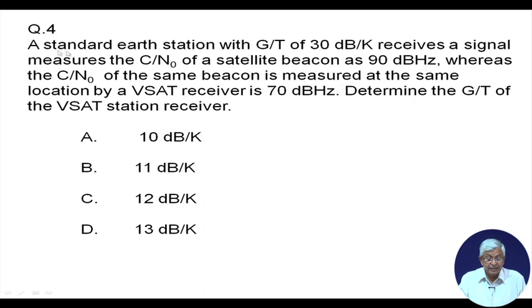It is a standard earth station whose G by T is known, whereas the C by N naught of the same beacon measured at the same location, co-located, by another terminal, a very small aperture terminal, is 70 dB Hertz. Determine the G by T of the VSAT station receiver. There are 4 options given: 10, 11, 12, 13.